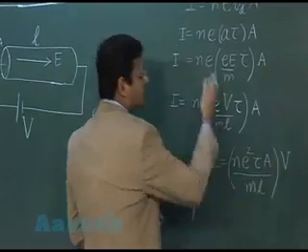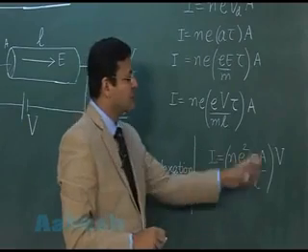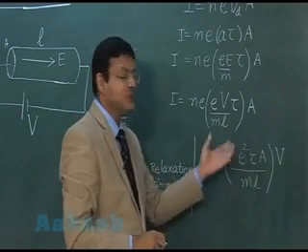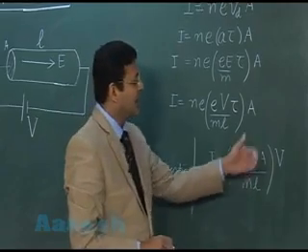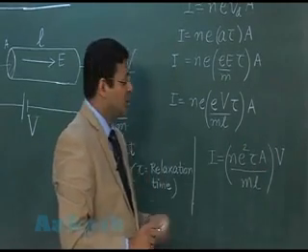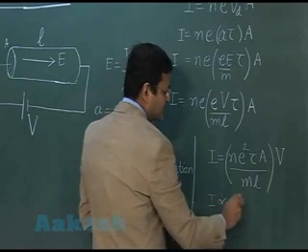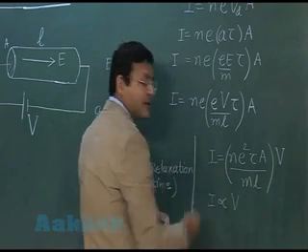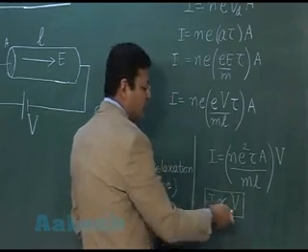You understand? This manipulation finally gives you that current is equal to some constant quantity. All these quantities which you see in the bracket are constant, and at the end you have V. So you can say that I is proportional to V as obtained by our basic equation, and you know that that was Ohm's law.